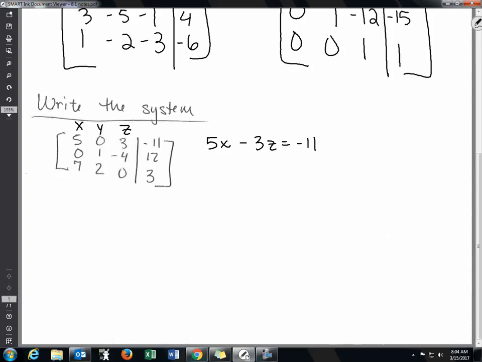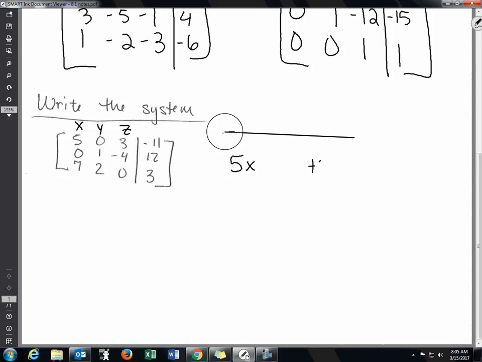With 0x, I don't write it. I have 1y. Well, let me rewrite this. So it's 5x, and I'll leave some space for y, plus 3z equals -11. My board's not cooperating today.